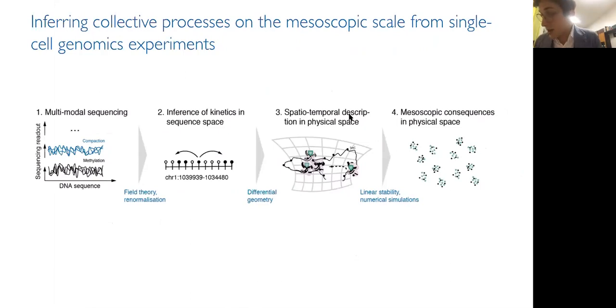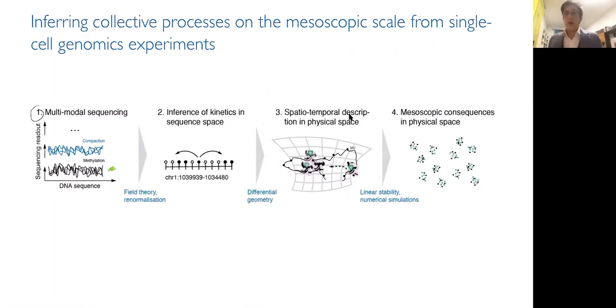We started here, in number 1. So we got information. Now don't look at compaction, we'll just look at methylation here. So we get our sequencing experiment, we extract the methylation patterns, and we find the methylation patterns in space and in time.